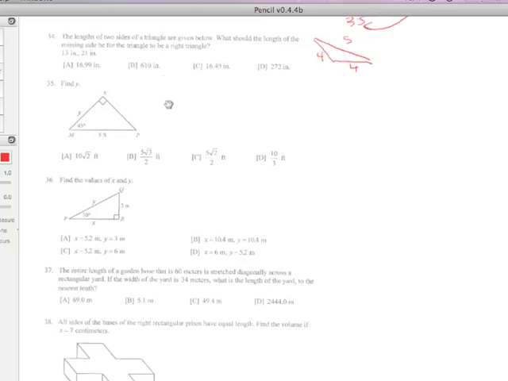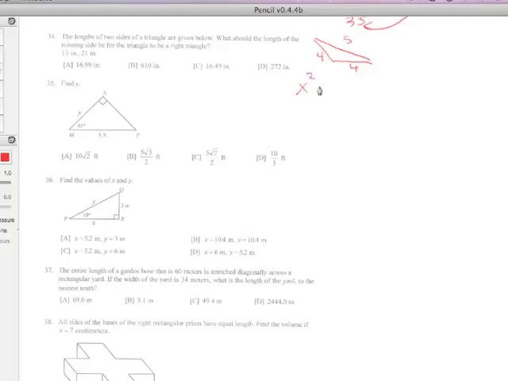The lengths of two sides of a triangle are given below. What should the length of the missing side be for the triangle to be a right triangle? So we have 13 and 21 as two sides. We don't know if one of these is the hypotenuse. So the missing side, let's say it's x.